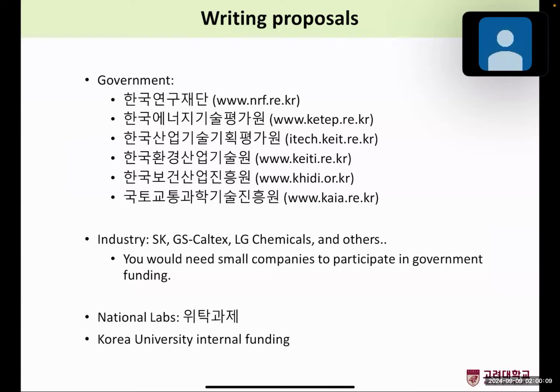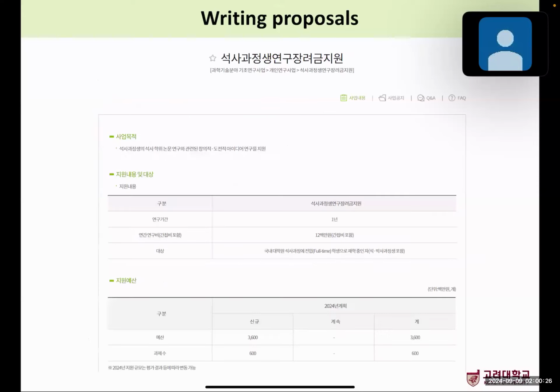So these are some of the governmental websites that you can get information about grant information. You can also get some grants from the industry. You can also get some grants from the national labs, and also there are some limited opportunities of Korea University internal fundings.